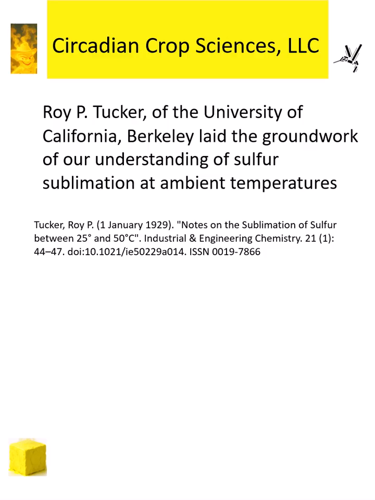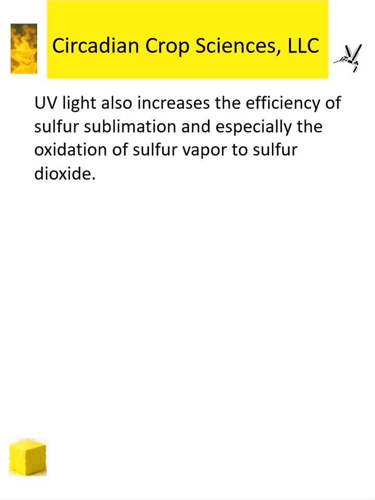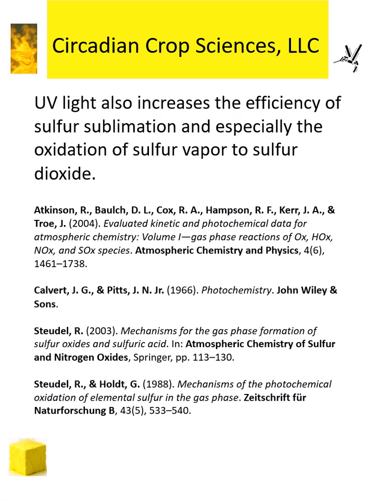Roy Tucker of the University of California, Berkeley, laid the groundwork of our understanding of sulfur sublimation at ambient temperatures. Ultraviolet light, also known as UV light, also increases the efficiency of sulfur sublimation, and especially the oxidation of sulfur vapor to sulfur dioxide.